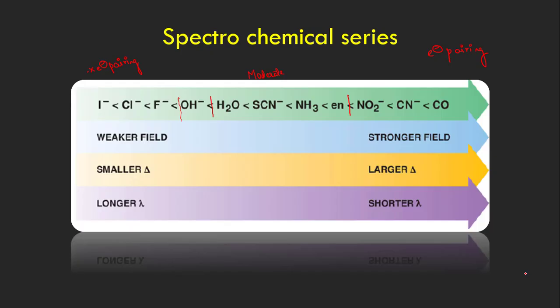In the presence of strong field ligands, electron pairing takes place in the lower energy level only, and in the presence of weak field ligands, electron pairing does not take place, meaning the fourth electron will enter into the eg orbital. Moderate ligands act in between, working as per the conditions.